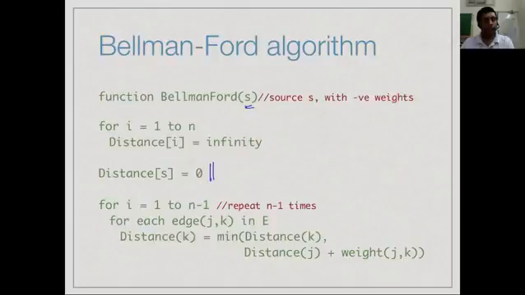So you take the distance of the target of that edge to be the minimum of the current distance for that target or the distance to the source of the edge plus the weight of the edge. Right? So we just blindly do this n-1 times, and because of this property that for every valid shortest path, you will find a sequence of updates which matches that path in the sequence that you are computing here, you will always get the shortest path to every other vertex starting from S.